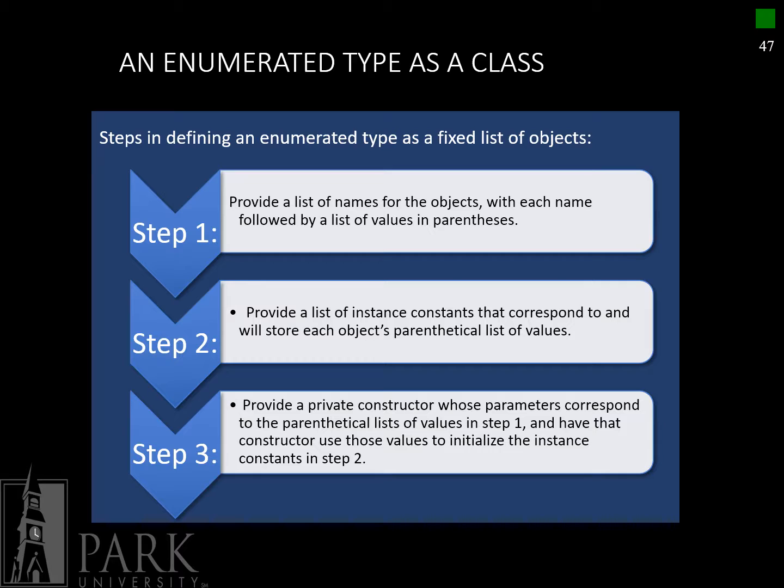So what calls this constructor then? Well, the items in step 1's list do. Each name in step 1's list and its corresponding parenthetical list of constants is a cryptic constructor call, right? The name is the name of the created object, and the values in parentheses after the name are the arguments that are passed into the constructor.